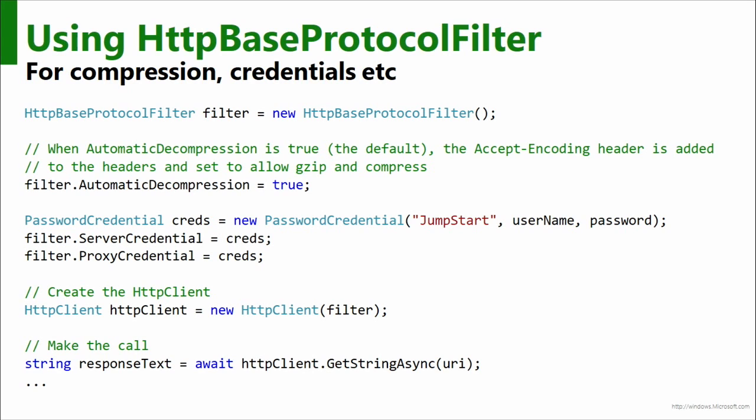Then the key thing with connecting an HTTP base or any protocol filter in is there's an override of the HTTP client constructor where you just specify that. And then you just make your calls as normal, but the protocol filter is then in the pipeline and doing all its magic, including asking for compressed content and automatically decompressing it when it's received.